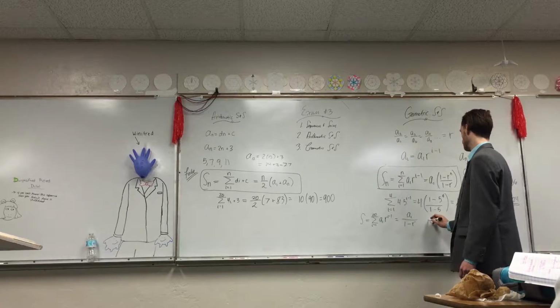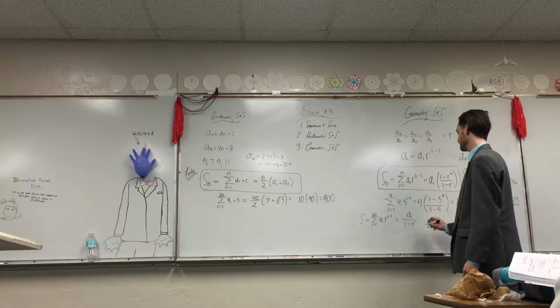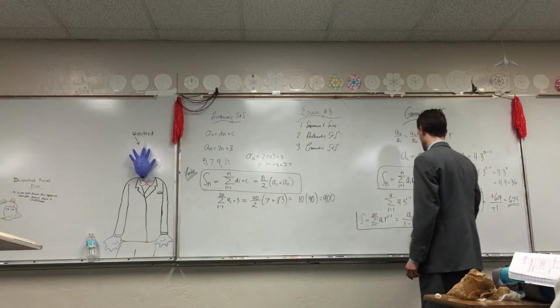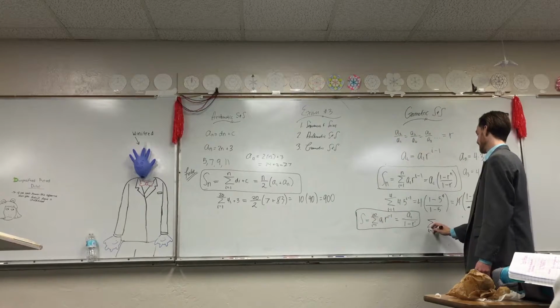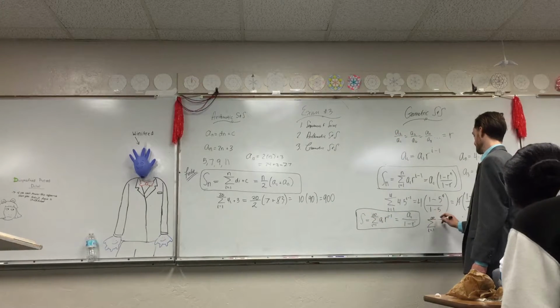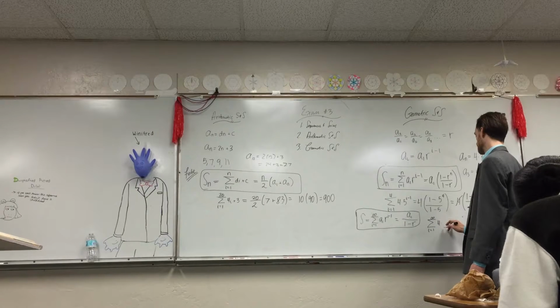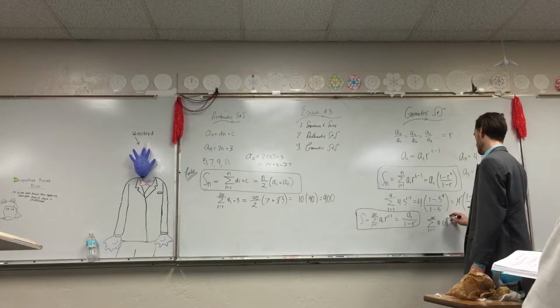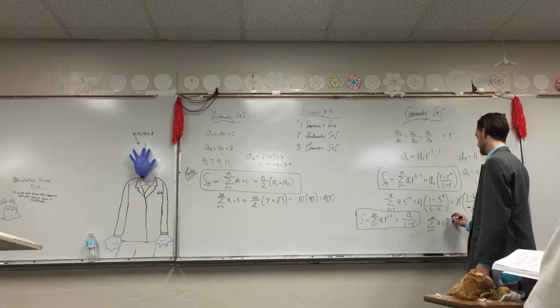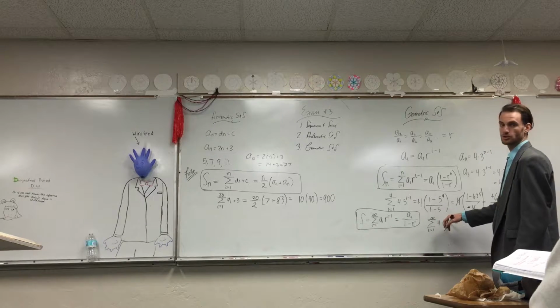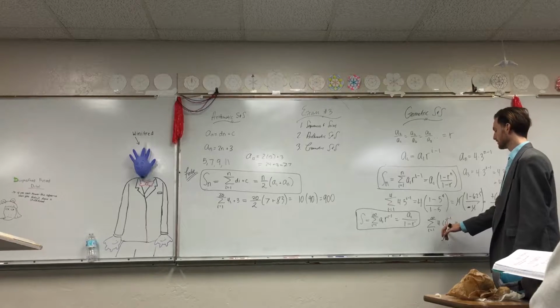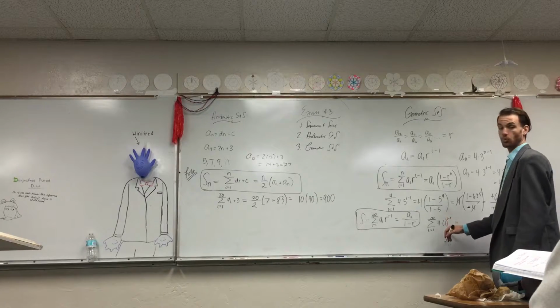Okay? So, for instance, if I asked you to find, so this is the last one, the sum from i equals 1 to infinity of 4 times 0.1 to the i minus 1 power, well, what's my first term? i is 1, so 1 minus 1 is 0. 0.1 to the 0 is just 1.